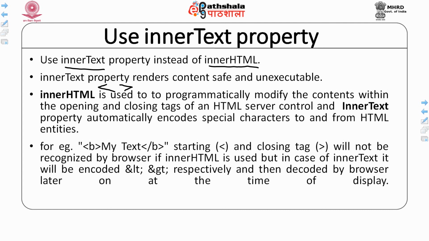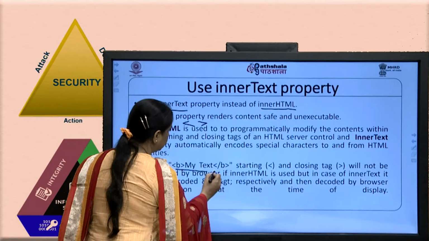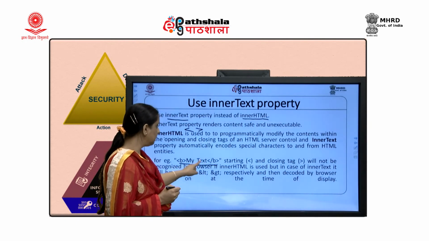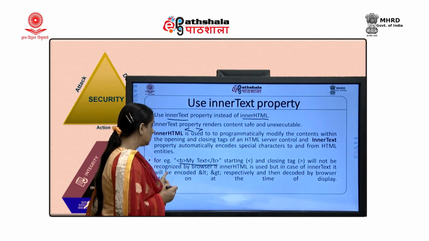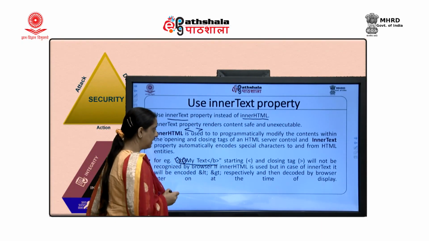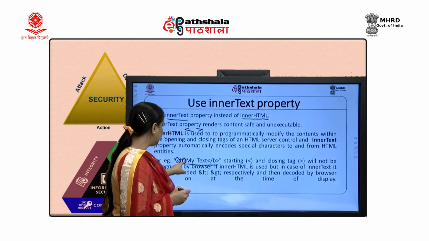So, we are focusing on two properties, innerHTML and innerText. Now, for example, if you have this bold tag, this says bold tag, this is the end of the bold tag, and in between you have my text. So, the bold tag starts with the less than and greater than sign, right. So, it is a starting and closing tag.